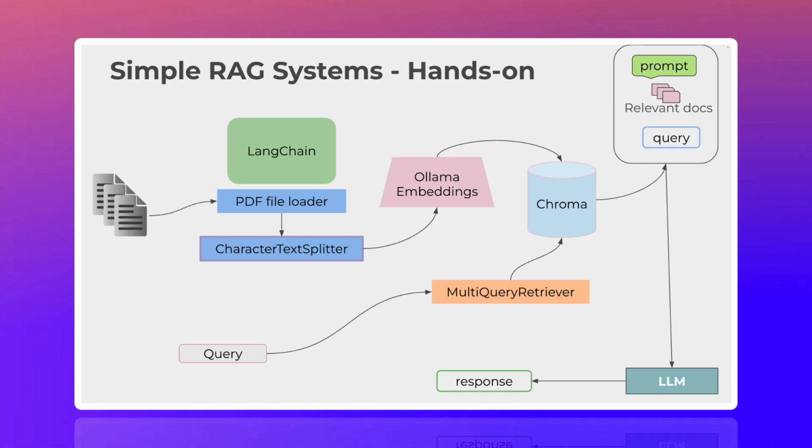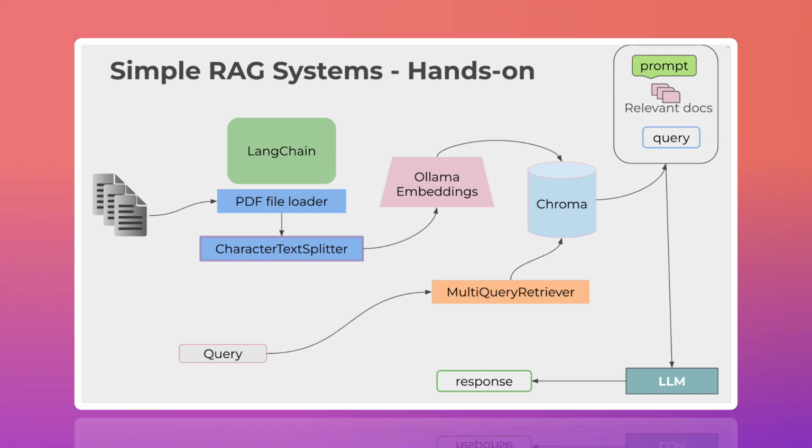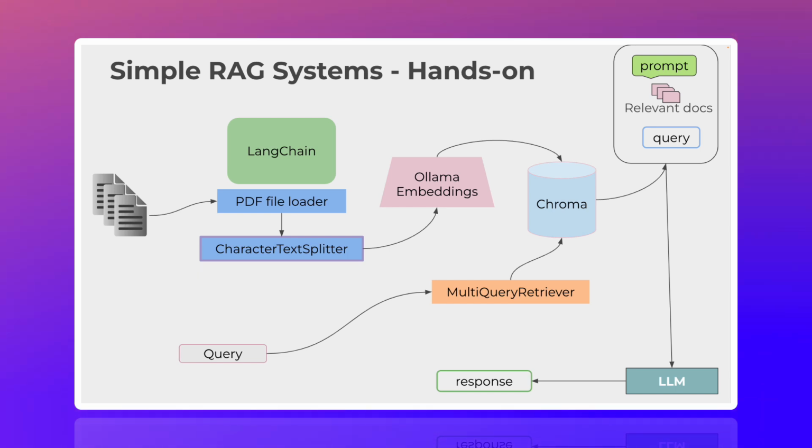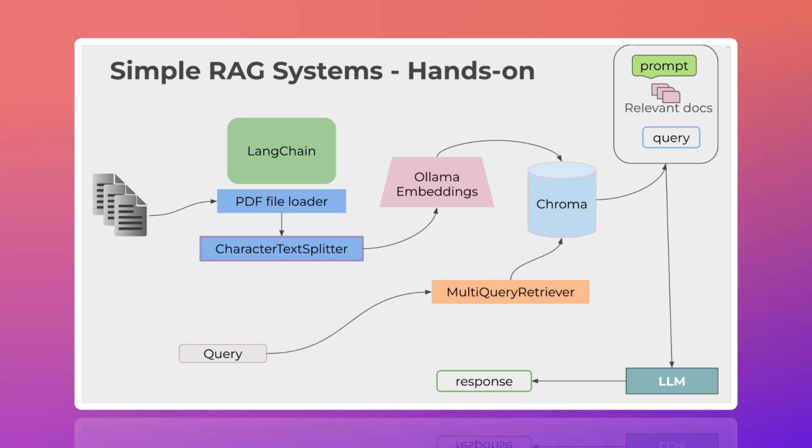And then pull out the most similar pieces of information or documents, and then put it all together, relevant docs, query, and prompt, and pass that through a large language model, which in this case, again, is going to be Llama 3.2, and of course generate the response that we so desperately need. So this is a RAG system now using Ollama embeddings and using Llama 3.2, which is part of Ollama.